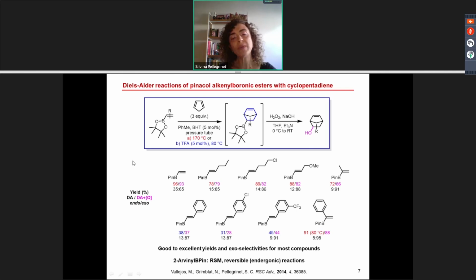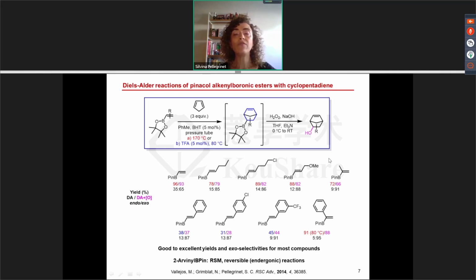So we optimized two different types of conditions, thermal heating at 170 degrees and Brønsted acid catalysis. From a range of catalysts, we chose TFA as our catalyst at 80 degrees. Most of our compounds reacted very well, giving very good yields of the products, as you can see in red for the thermal Diels-Alder reactions.